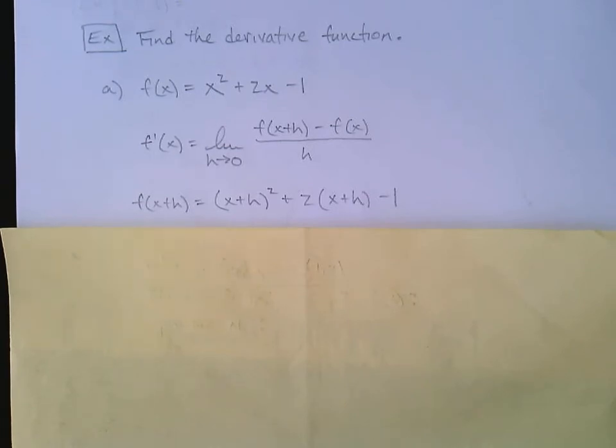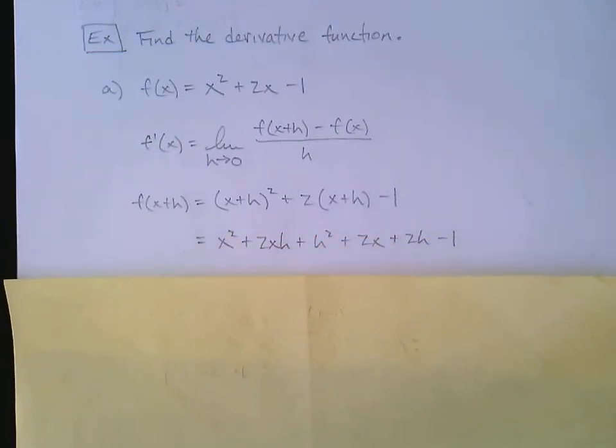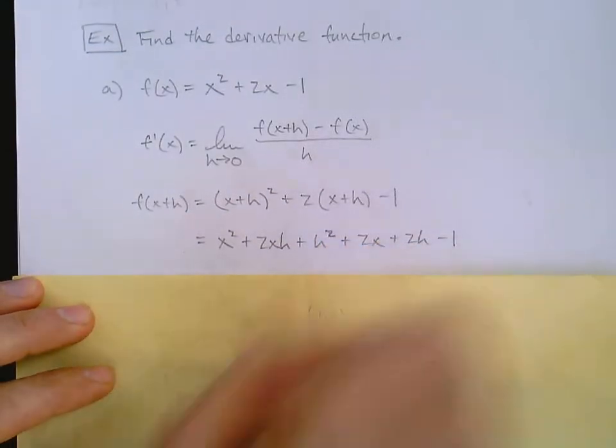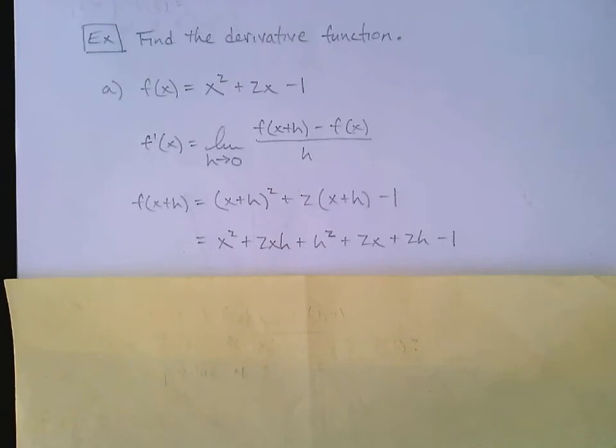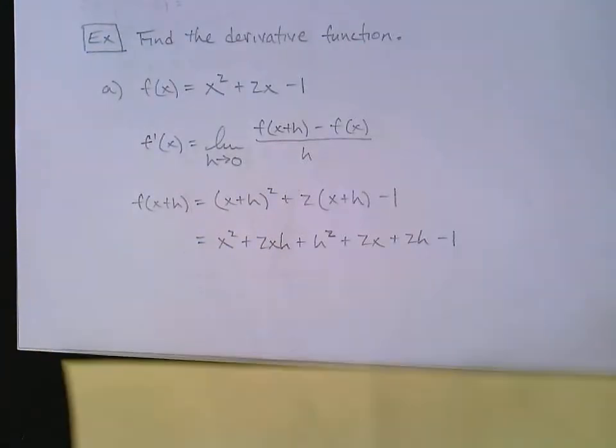It's quantity x plus h, squared, plus 2 times quantity x plus h, minus 1. And if we FOIL that out, expand that square, we get this. Now we've done this several times at this point, so hopefully you feel pretty good about that.